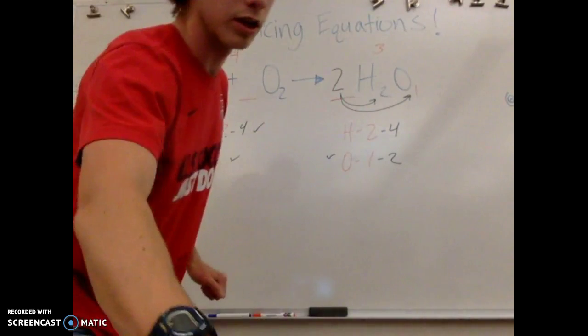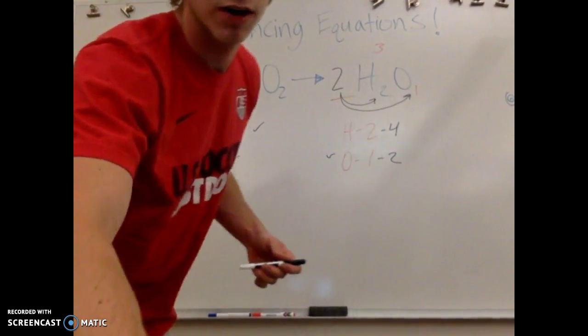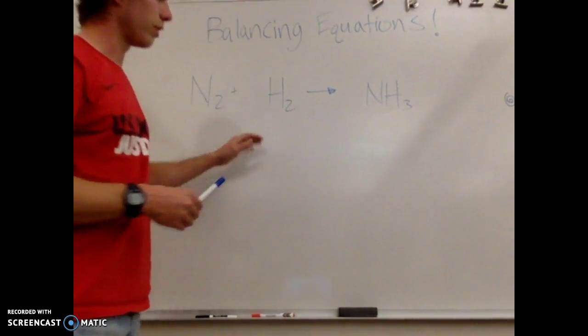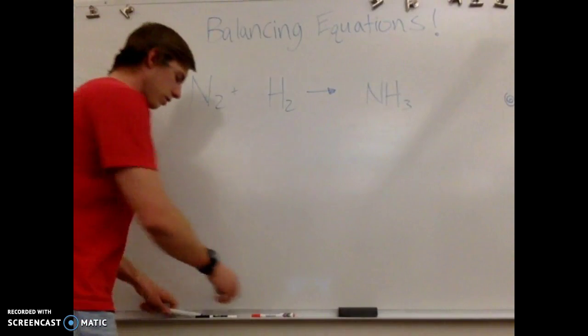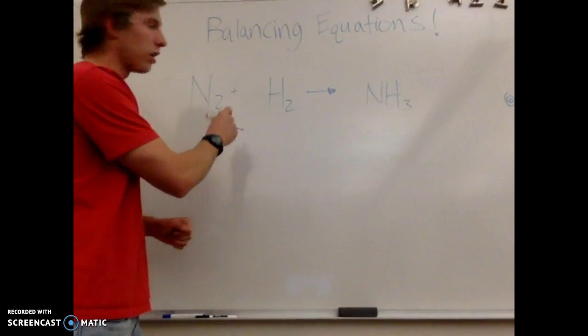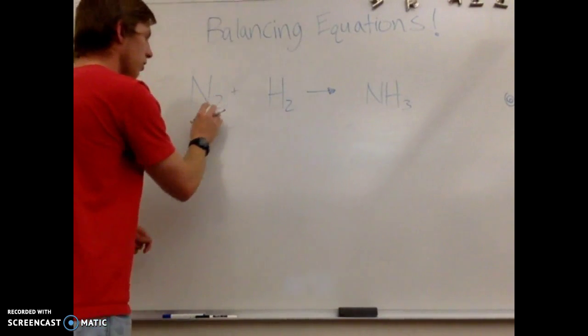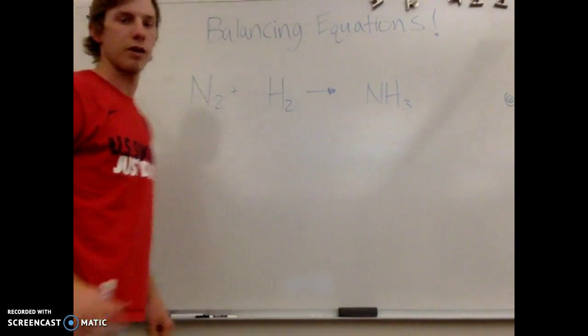Let me change the equation so we get a little tougher. All right, so now we have another equation. This one gets a little bit harder. First thing we do is count how many atoms we have on each side. So here we have N2 plus H2 equals NH3.